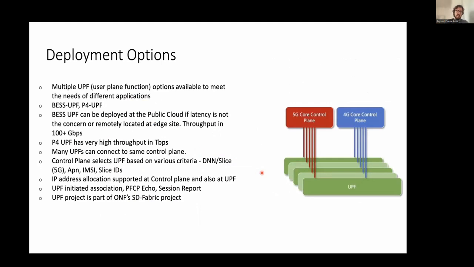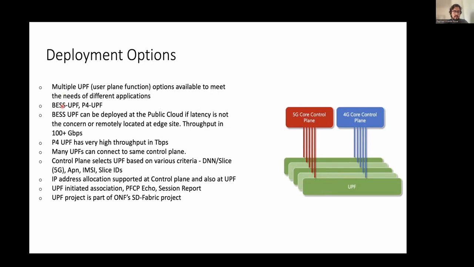Here is just a more detailed overview of the UPF. As mentioned, one 4G or 5G control plane can be enabled to handle multiple user plane functions, depending on the application needs. I mean, here the application is of the core itself. And the UPF component can exist in the SD Fabric in, let's say, two forms of instantiation.